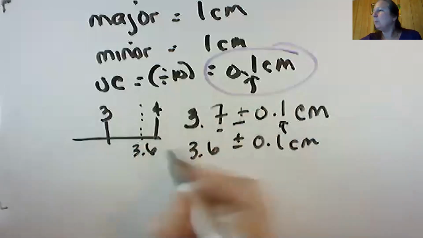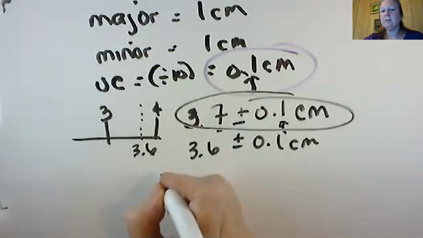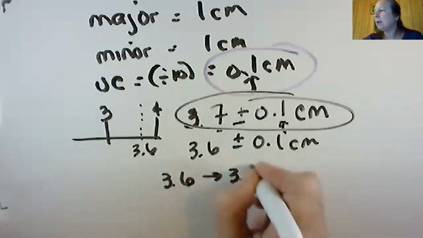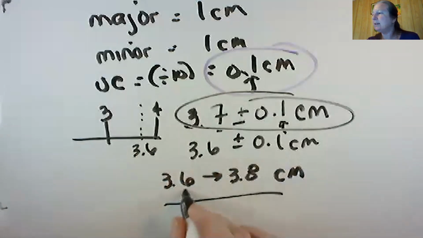That's fine, because what this means when I wrote it, it means my measurement is anywhere between 3.6 to 3.8 centimeters. Anywhere in there is the correct measurement because of uncertainty, because it's an estimate. This is an estimate, that digit. It's the wiggle room.